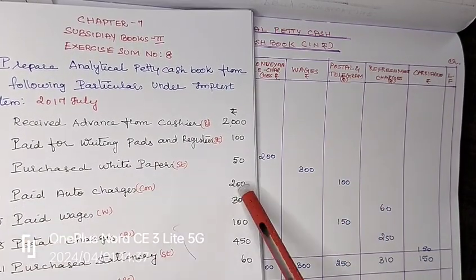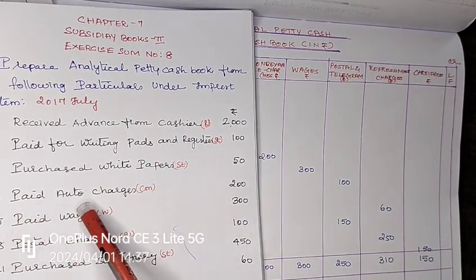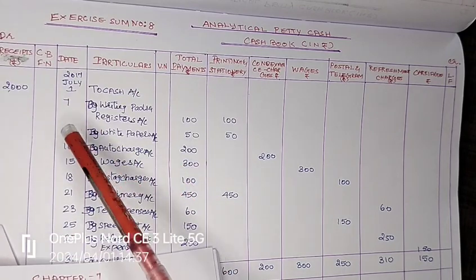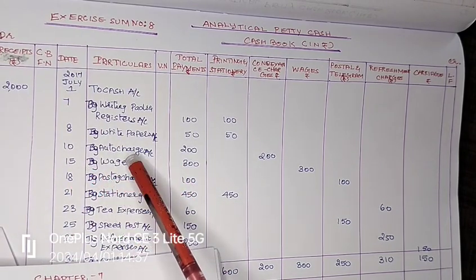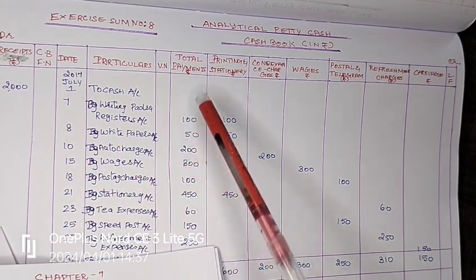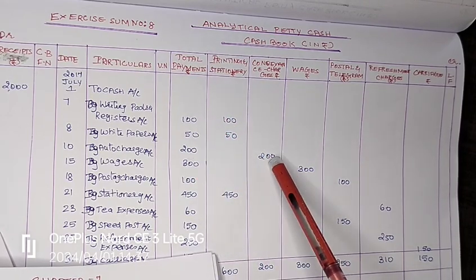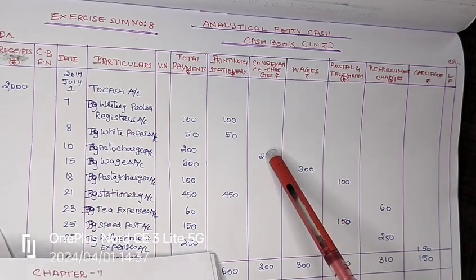Paid auto charges 200 rupees, dated on 10. Auto charges come under the conveyance or traveling expenses column. Dated on 10, by auto charges 200 rupees, enter into the total payment column, and also 200 rupees is entered into the conveyance charges column.